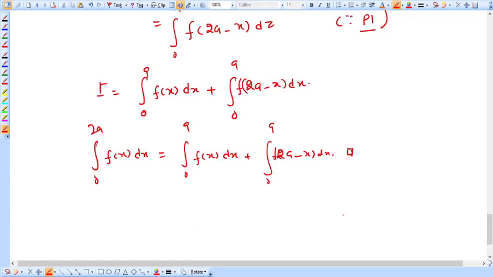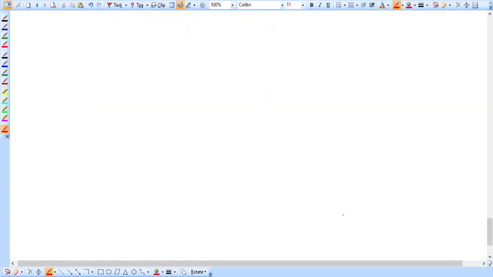Now next property number 6. Okay, property number 6 will be kind of corollary of property 5.